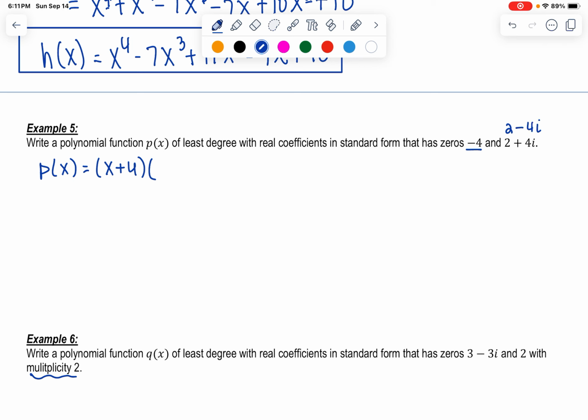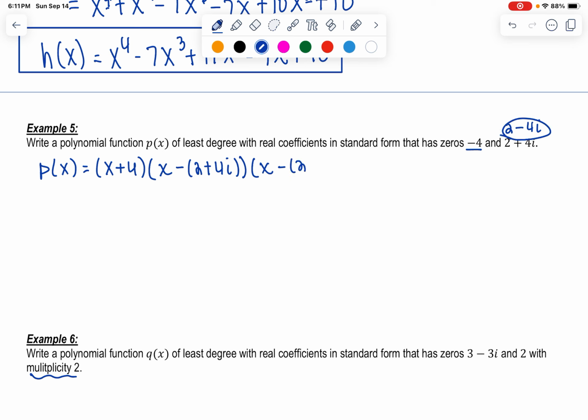All right, so if I have a 0 of 2 plus 4i, that means I have a factor of x minus (2 plus 4i). Now, 2 plus 4i is 2 terms, so I have to make sure I put it in parentheses so I can distribute that negative to each of those terms. I can't just say minus 2 plus 4i. Then I have x minus this one right here, which is 2 minus 4i.